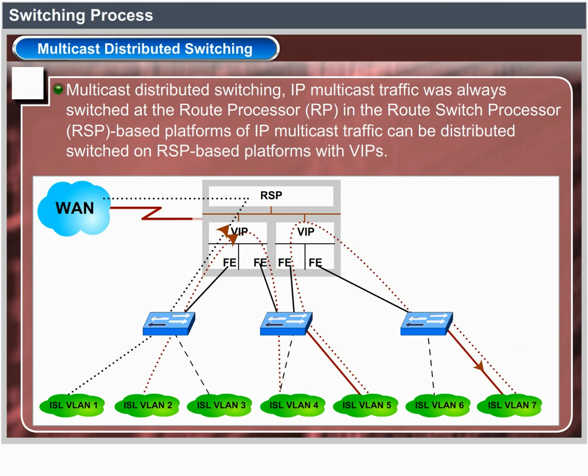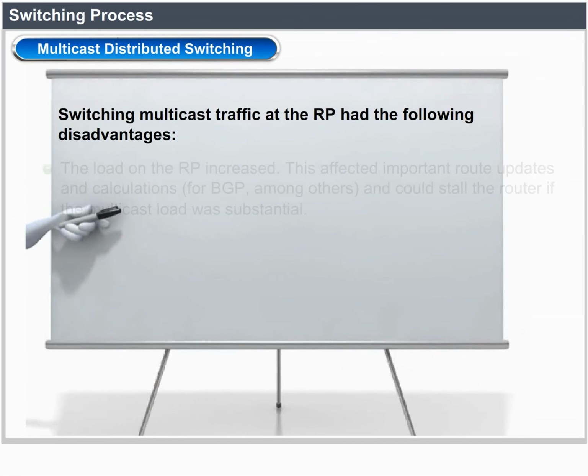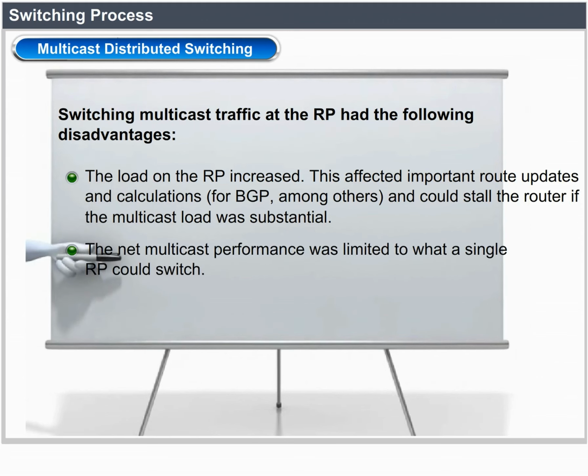Switching multicast traffic at the RP had the following disadvantages. Point. The load on the RP increased. This affected important route updates and calculations for BGP, among others, and could stall the router if the multicast load was substantial. Point. The net multicast performance was limited to what a single RP could switch.